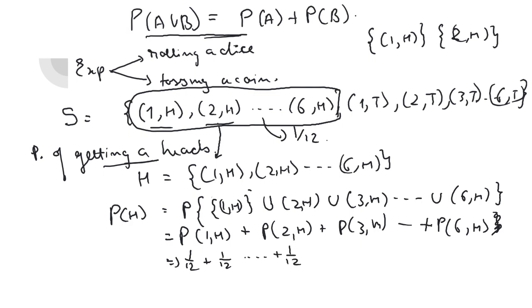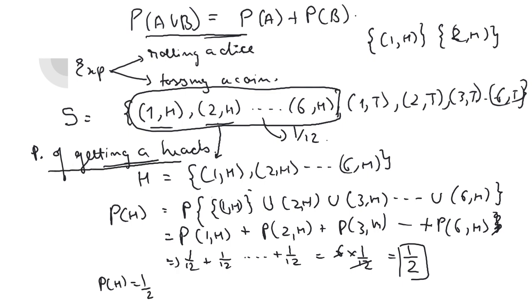Since there are six of these outcomes, this is simply 6 into 1 by 12. Now when I multiply it, it is going to be 1 by 2. So the probability of H is equal to 1 by 2. The probability of getting heads is 1 by 2.